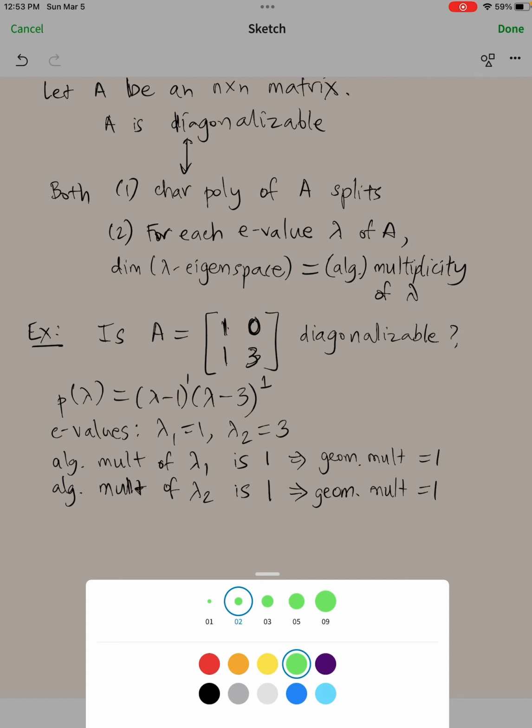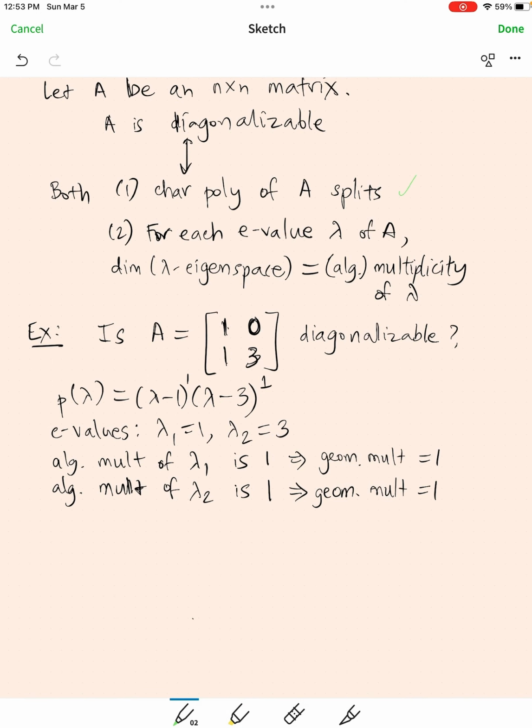Yes, because I have two linear factors, and then for each eigenvalue, the dimension of the eigenspace, the geometric multiplicity, is equal to the algebraic multiplicity because they're both 1. So the second condition is also true. Therefore, A is diagonalizable.